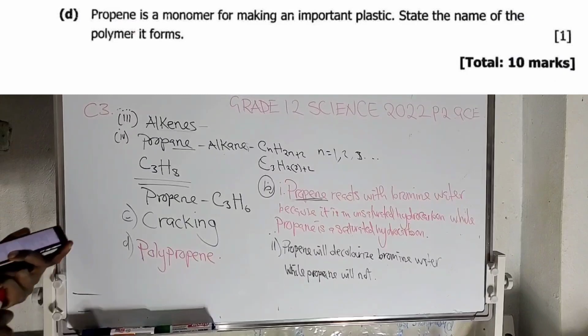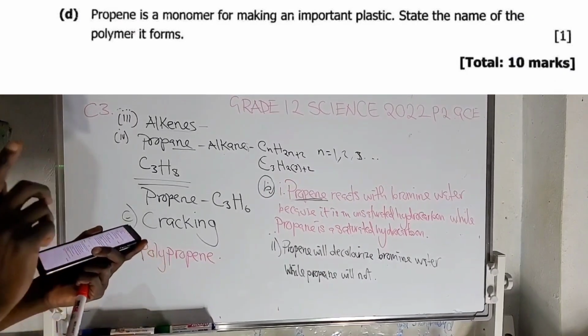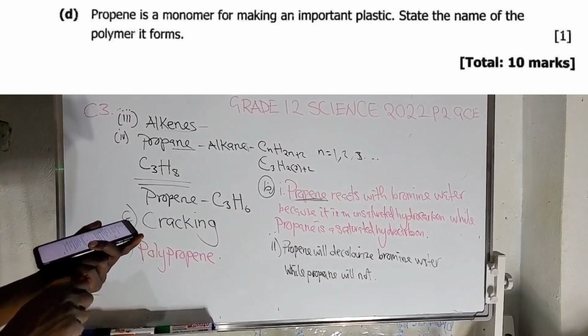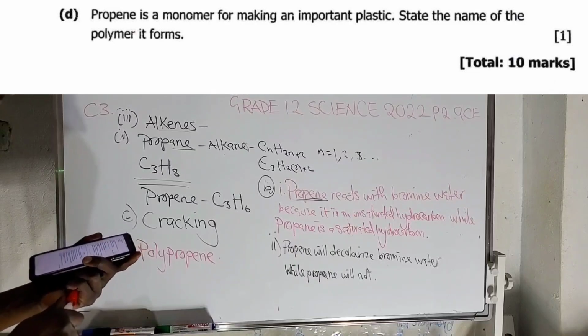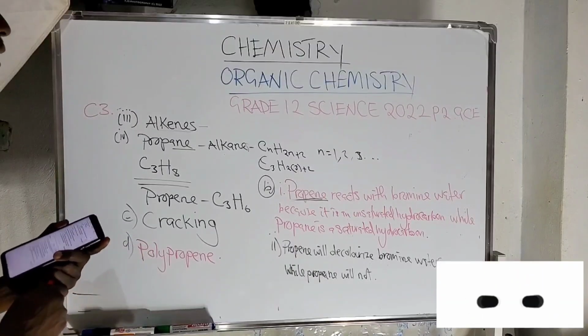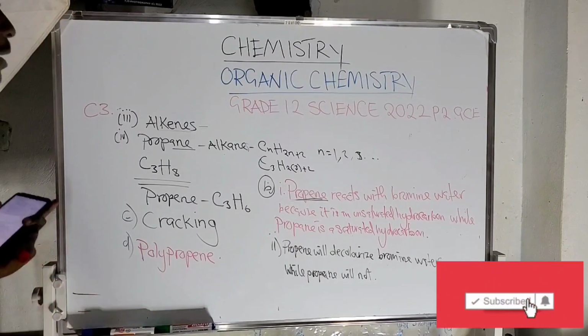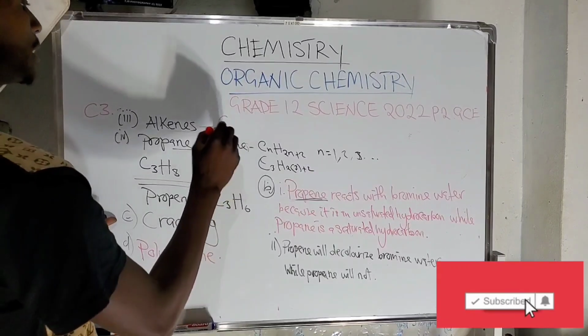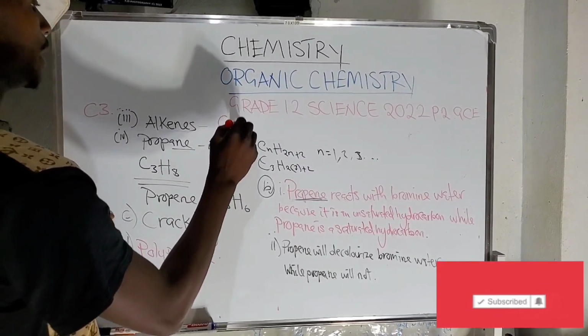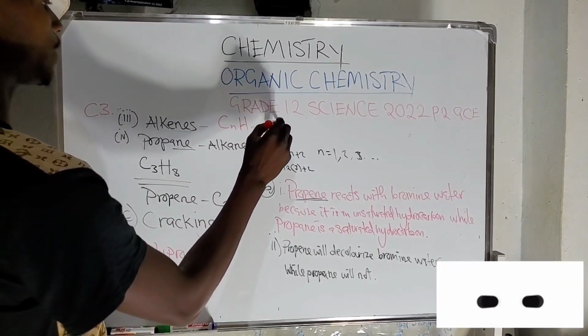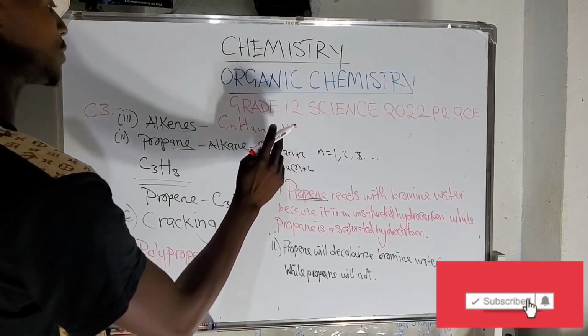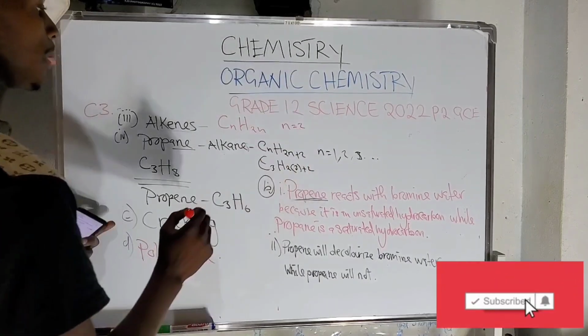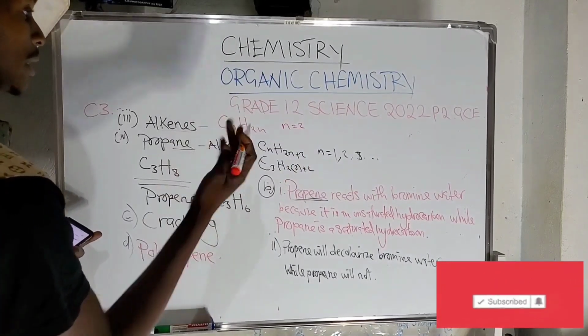Just to go through again, the structure formula of an alkene has a double bond, and the general formula for alkenes is CnH2n, where n doesn't start from 0 or 1, it starts from 2. And prop means 3.